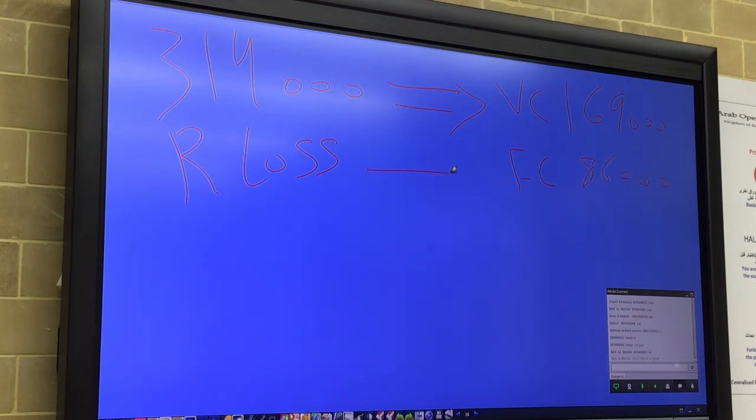So this is the cost saved. الكوست سيف كم التوتال تبعهم؟ 169 plus 86, $215.